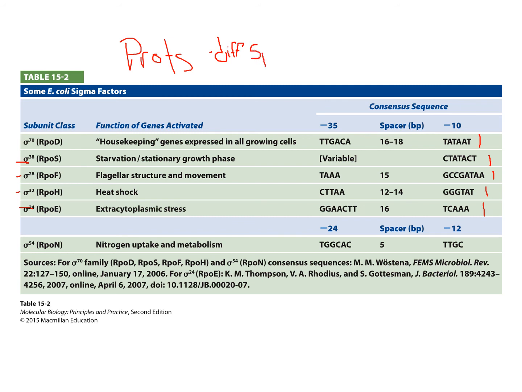And each of those specificities is associated with a subset of genes. So in this way, when the bacteria recognizes certain changes in its environment, it can activate a set of genes and help it respond.